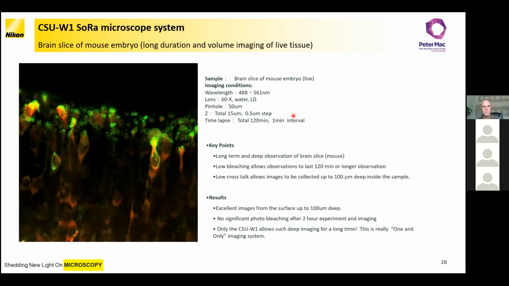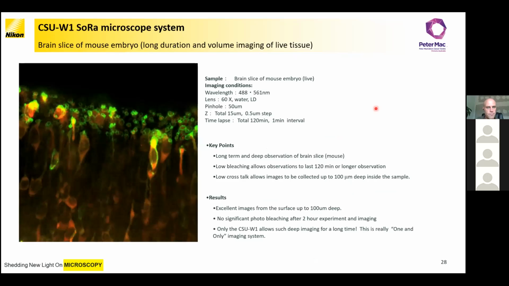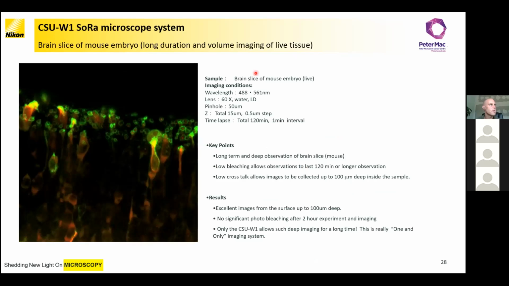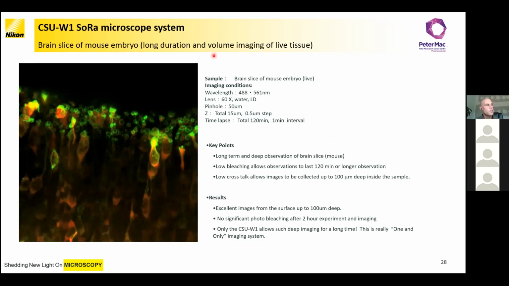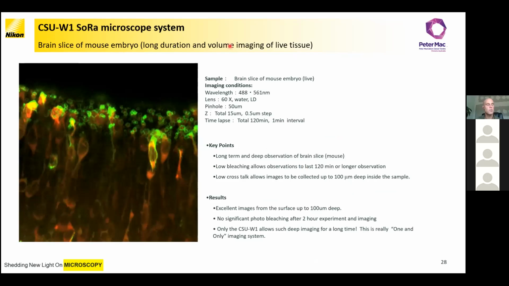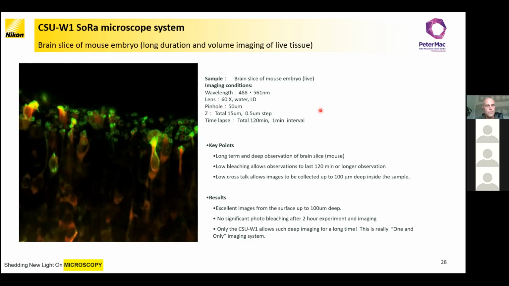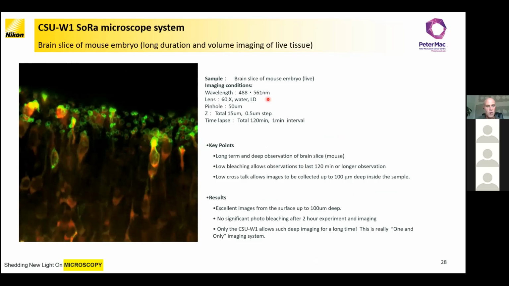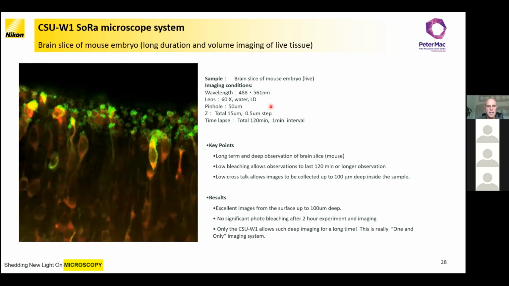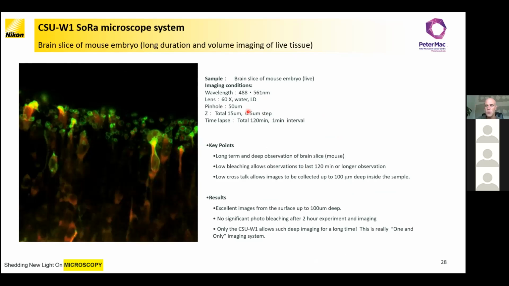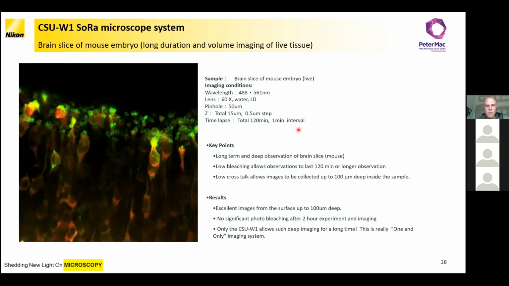This is very similar to the sample I was looking at yesterday. Not quite as thick as the one I was looking at yesterday, but in essence, what we're looking at here are long duration volume imagings of live tissue. This is a brain slice of a mouse embryo, collected again with the 60 times objective. 50 microns deep, so not especially deep, but for 2 hours.